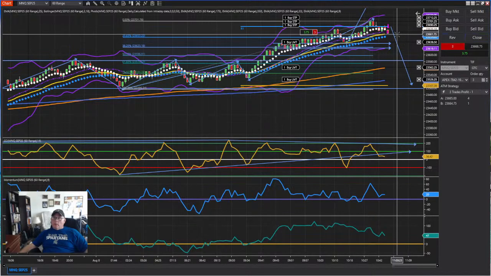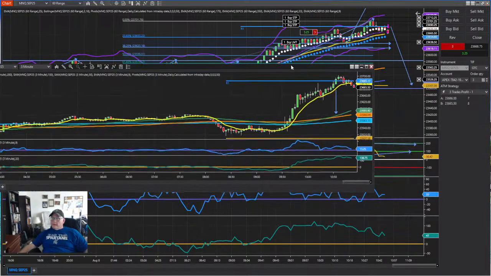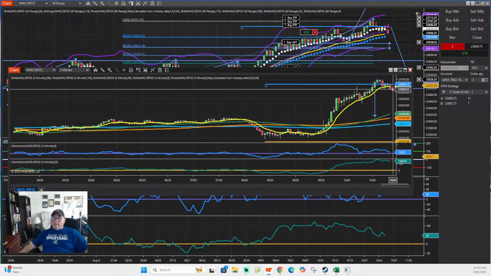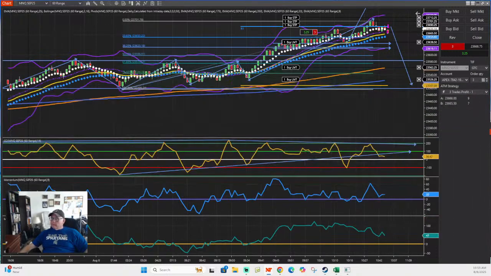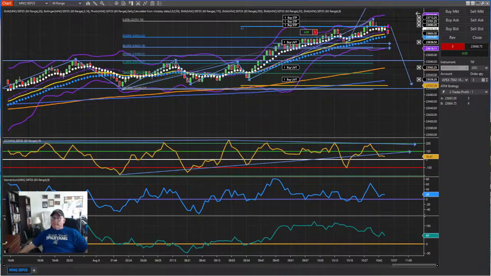See if the 9 holds again. It's below the 9 EMA on the 3-minute chart for the first time. Got our finger on the close button if it runs us out quickly.